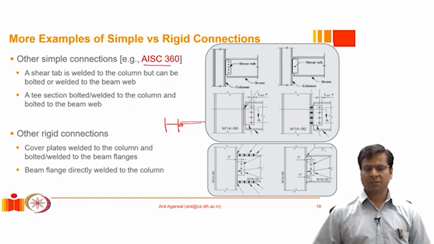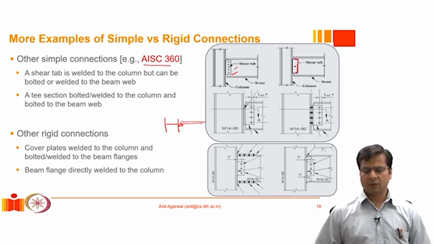It is usually known as shear tab or shear plate. We weld it to the column flange, and then the beam web can be either welded to this plate like shown here, or it could be bolted to this plate like shown here. So both options could be utilized.